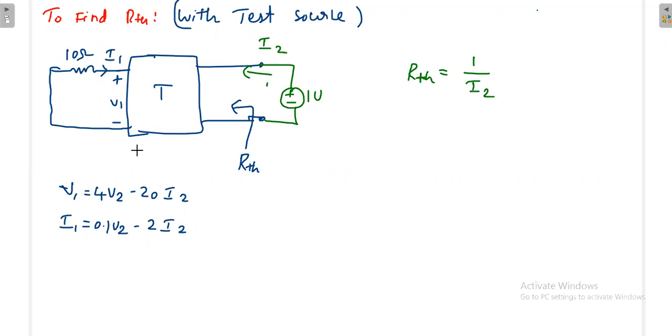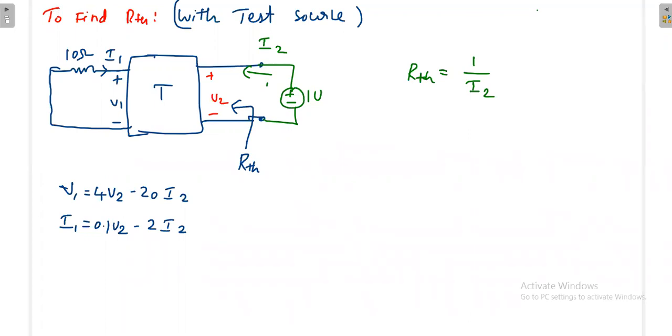Now, what is the condition that we can apply? I1 and V1 are there, and I2 and V2 are also there. But one thing here: this voltage here is V2, and that voltage is the same as this voltage. So V2 is 1 volt now.